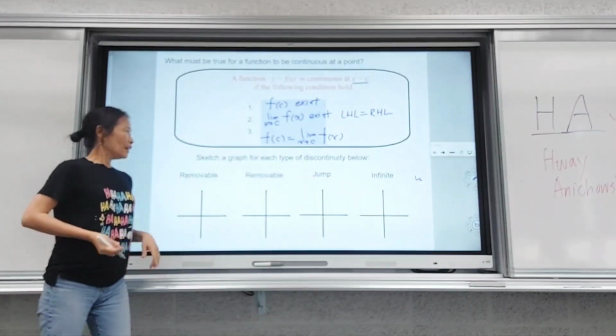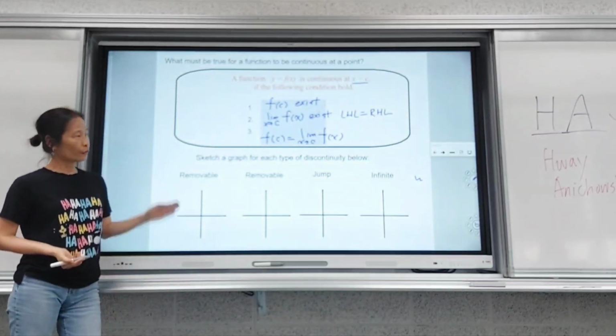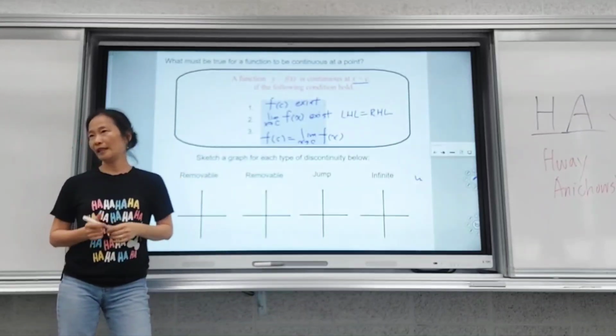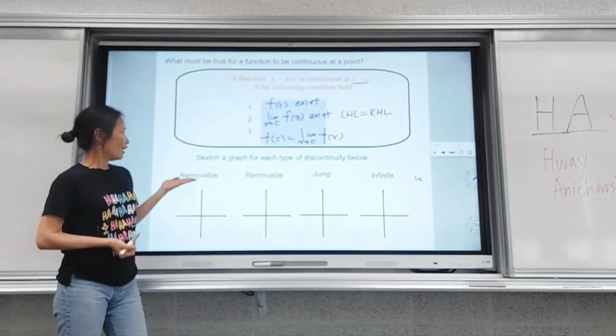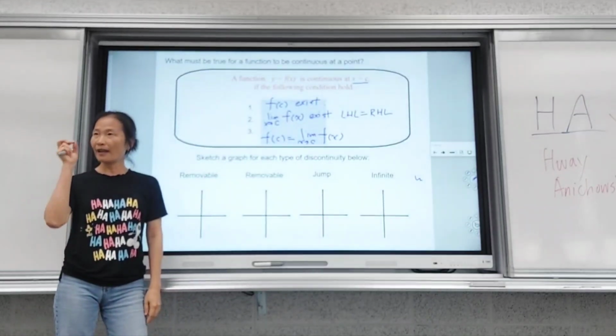Now, I would like you to sketch a graph for each scenario. We have different types of discontinuity. Removable means it's an easy fix by a single point.